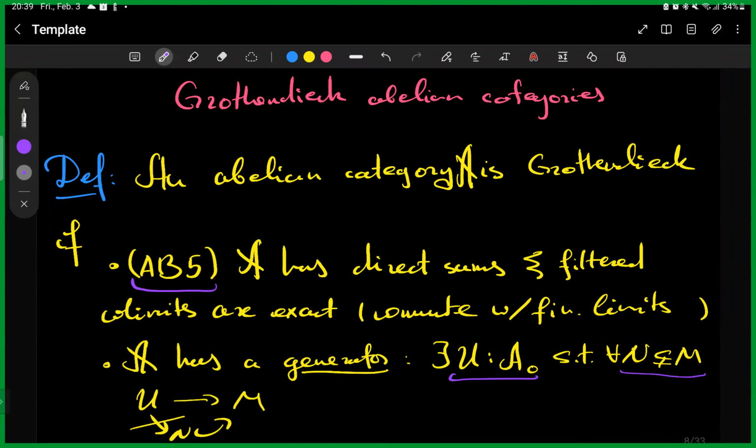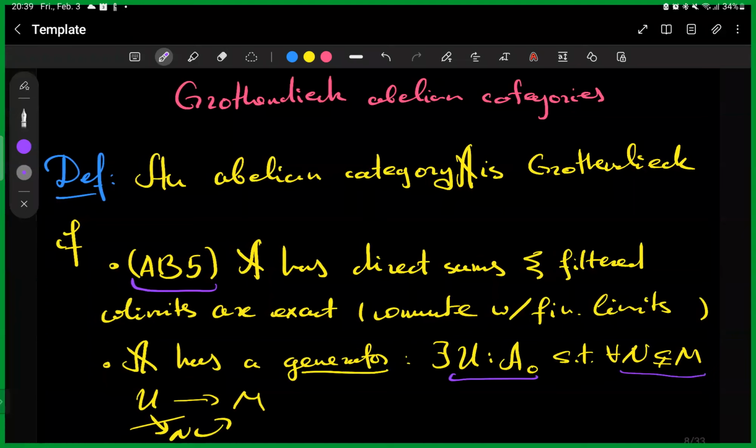So since we're working in a setting of abelian categories, it is enough to require this thing about subobjects, but in general it's a bit more general, meaning that we consider a wider class of morphisms, not just inclusions of subobjects. But that's a story for another time.